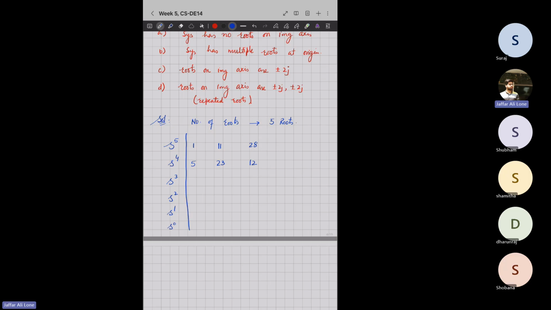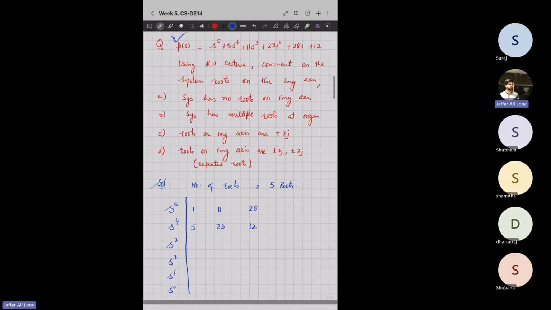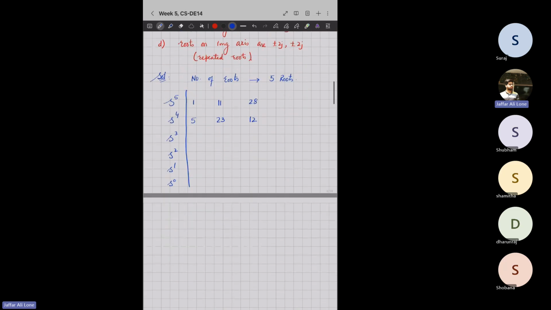Okay, so I just made this RH array, and I populated this first and second row. Perfect. Now, what are the ways? I told you some of you joined late. So the ways to populate other rows is very simple.